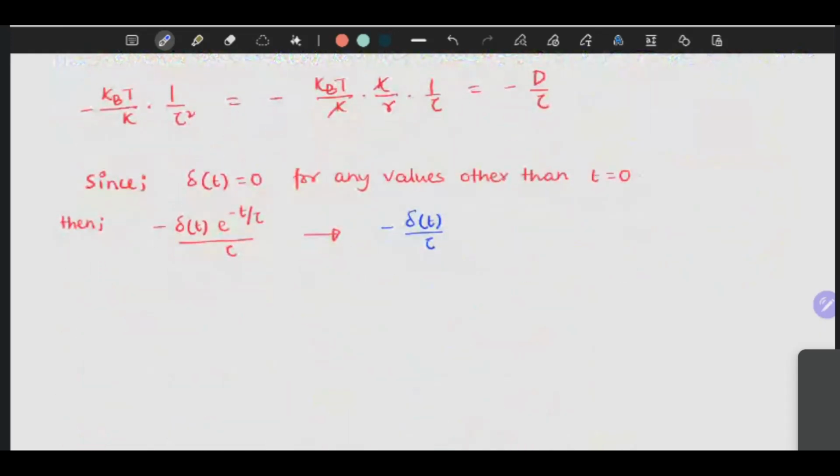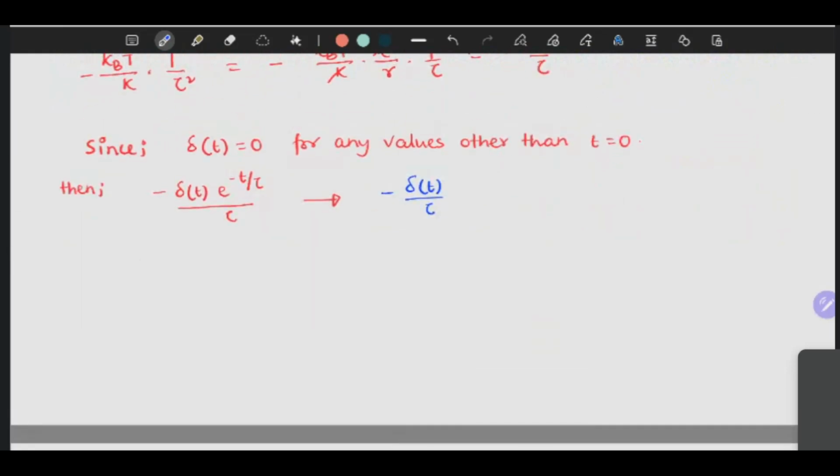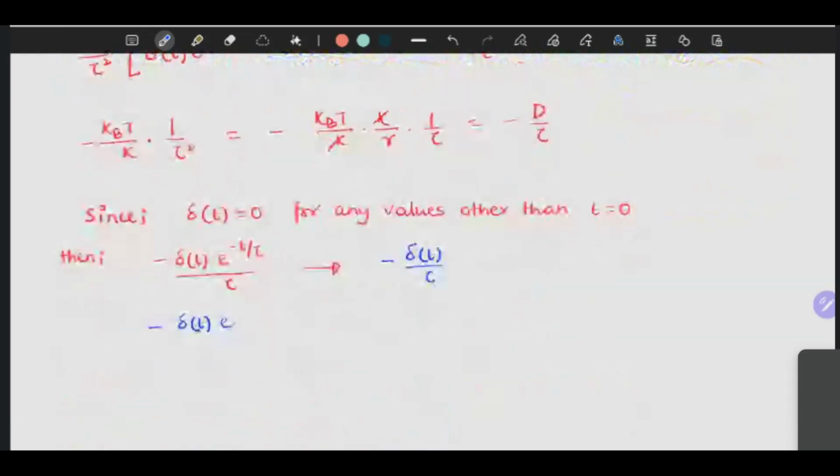Similarly this one, minus delta t e to the power t by tau becomes minus delta t by tau, because that should be the value in the limit t tends to 0.